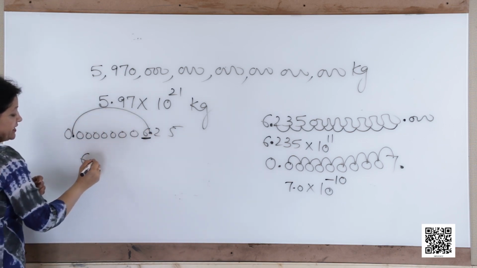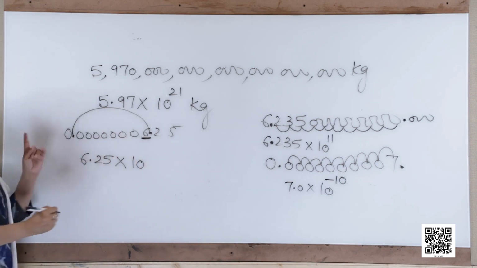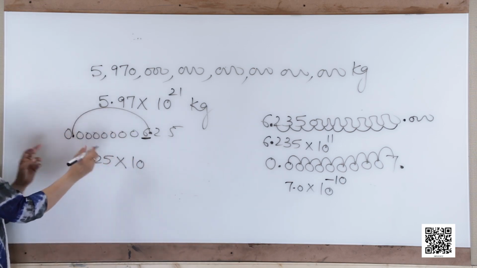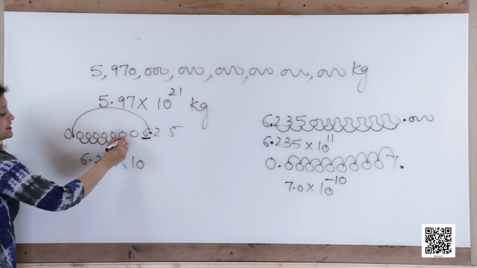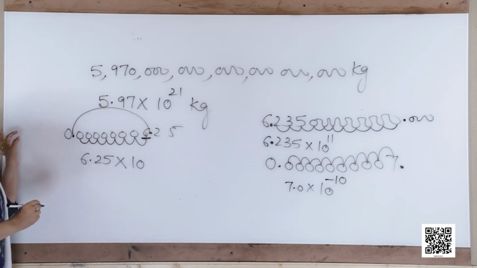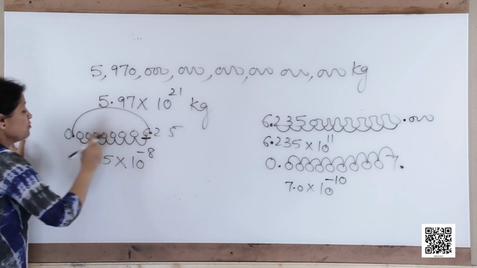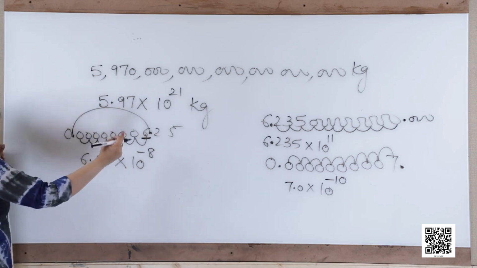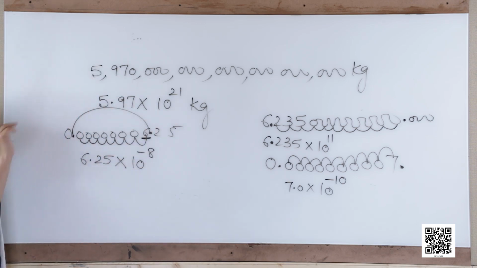That means 6.25 into 10 raised to the power. Count the numbers in between: 1, 2, 3, 4, 5, 6, 7, 8. 8 numbers are there in between. So 10 raised to the power minus 8. From left to right, power negative. From right to left, power positive.